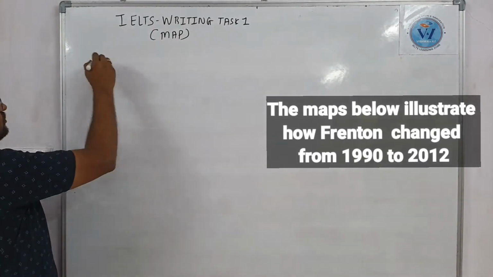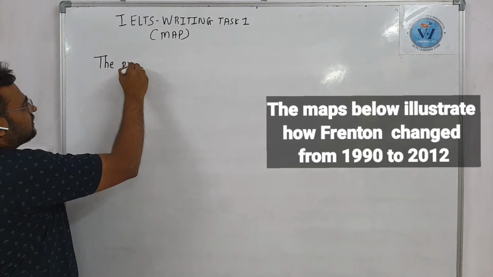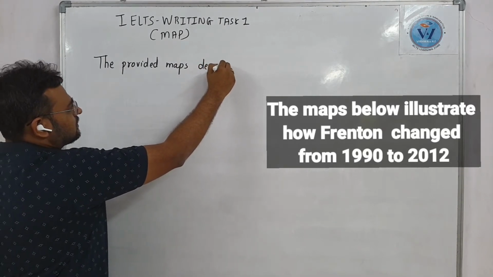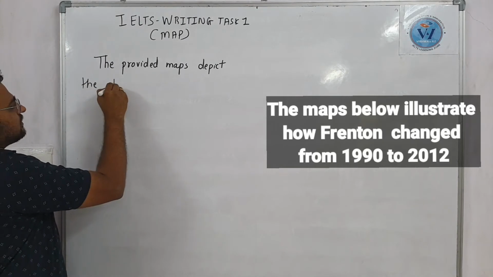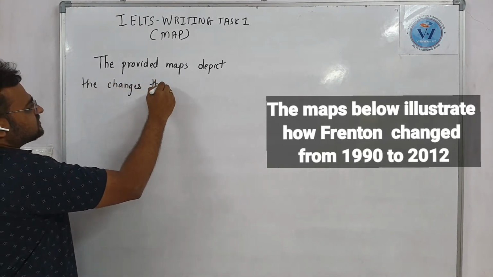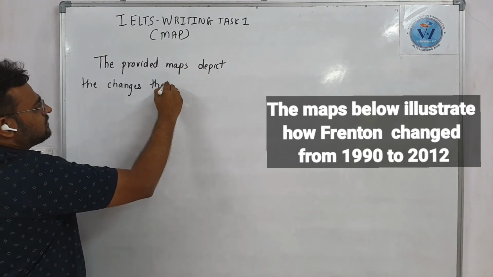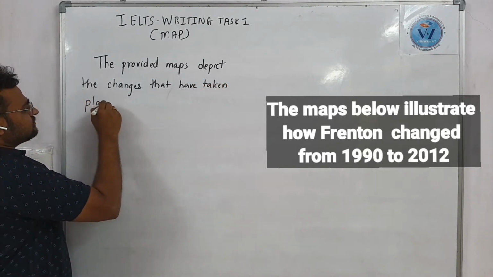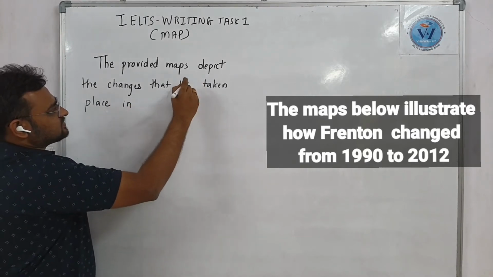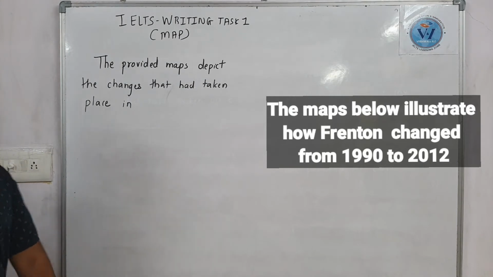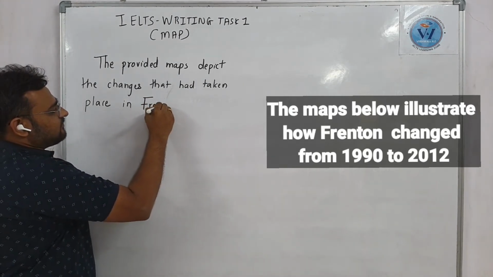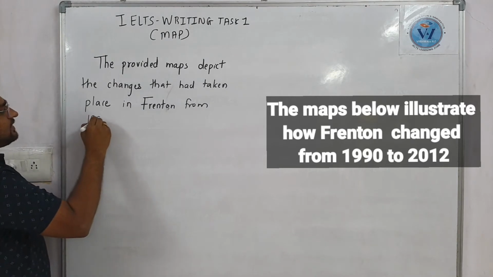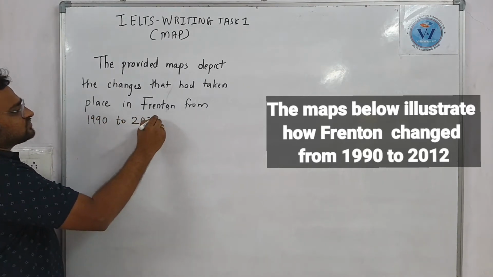Okay, so according to our format: the provided maps depict the changes that have taken place, as both the time periods are in the past, that had taken place in Frenton from 1990 to 2012.